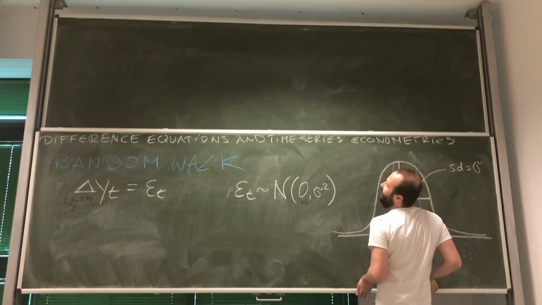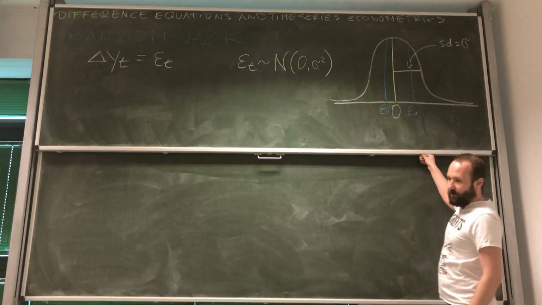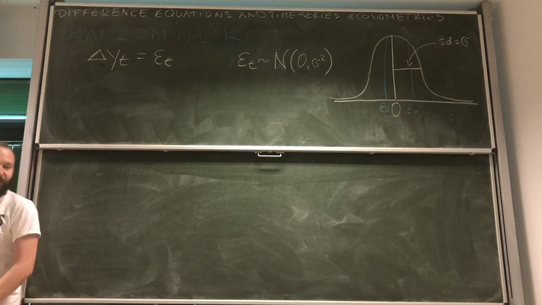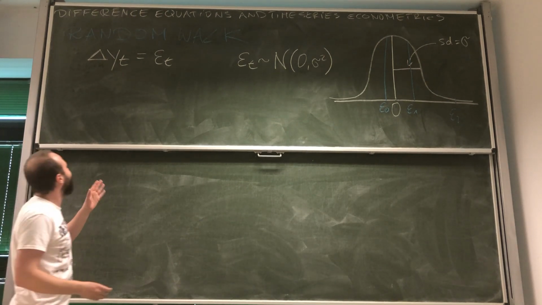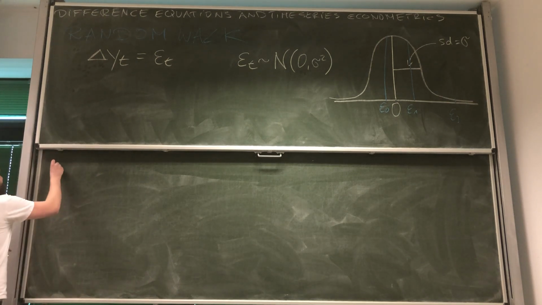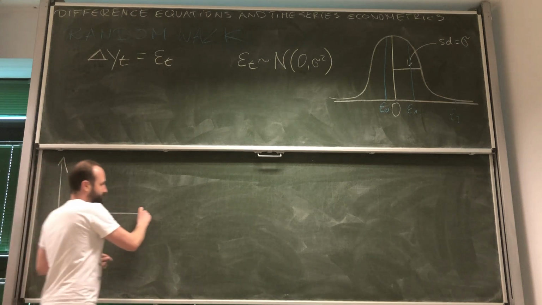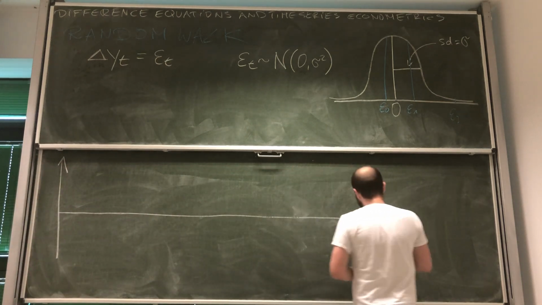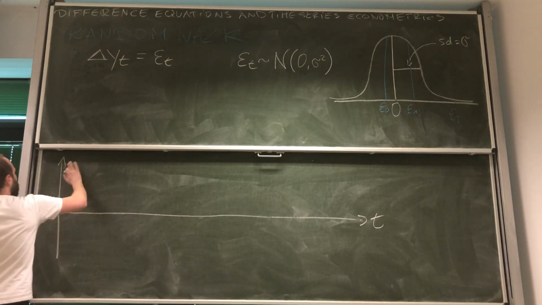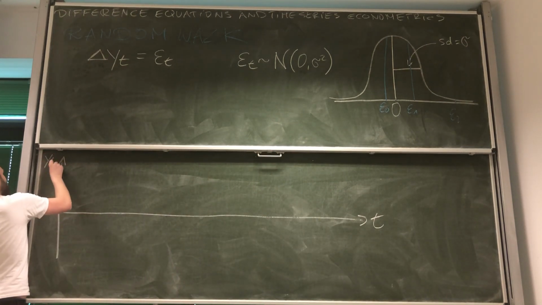Of course, as I mentioned before, it is better to see those drawn by a computer, but let me explain the idea of what is happening here. Imagine that here we have time, and here we have y of t.